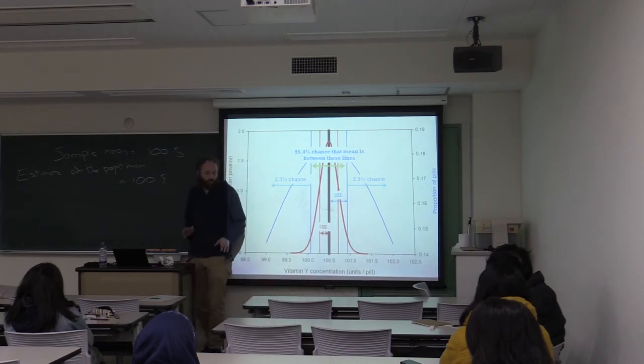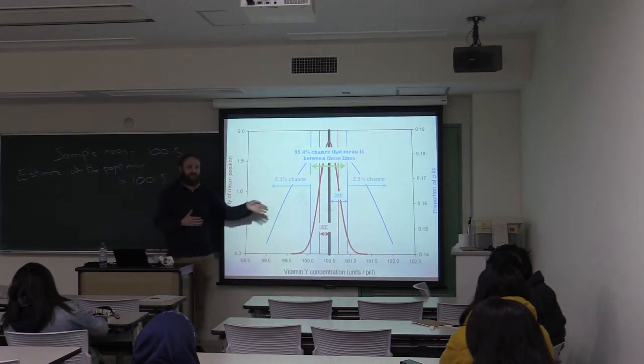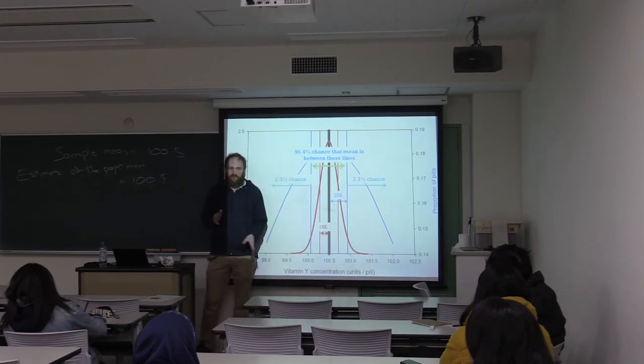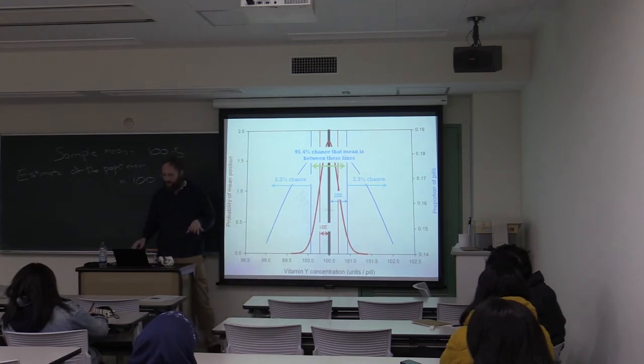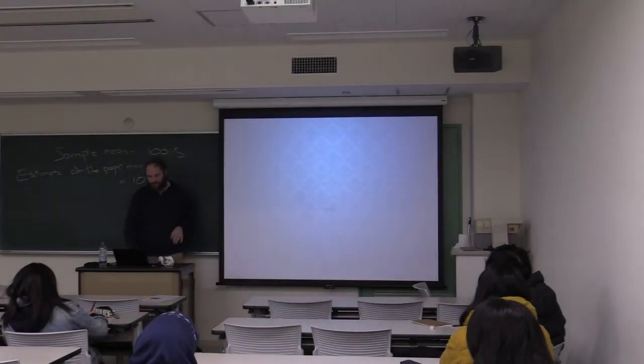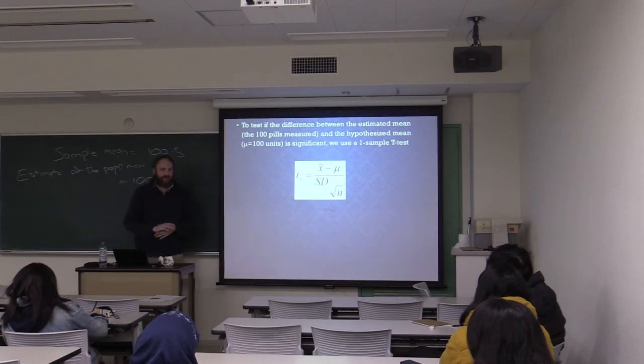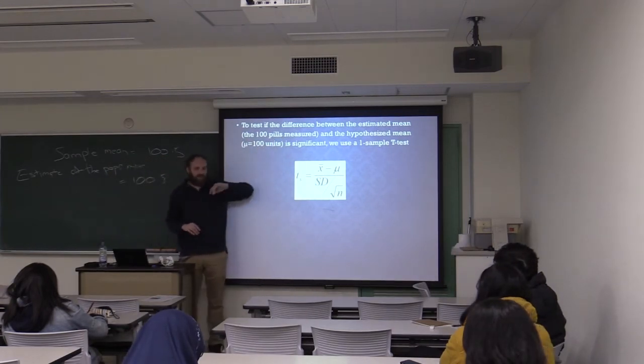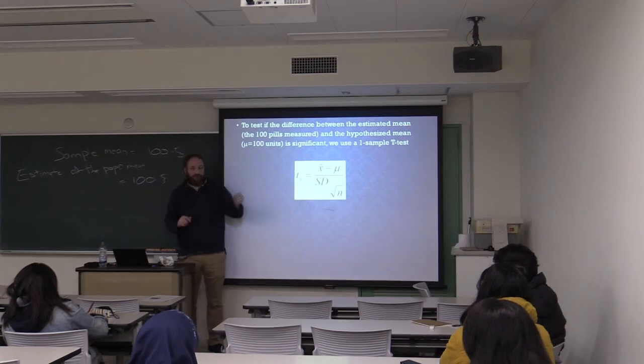What this means is that in science, we'd say that this 100.5 is statistically different from 100. So we want to do the math on this now. We don't want to, but we're going to. Our estimated mean, our sample mean, is from the 100 pills.